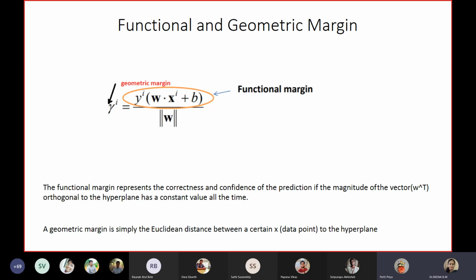Is the value of gamma high or low? Low, ma'am. Here we are dealing with i, which means we are dealing with every sample. So if the value of gamma is high, what does it mean?